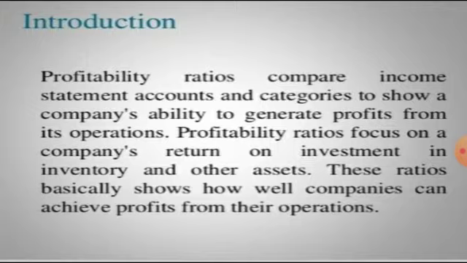Profitability ratios compare income statement accounts and categories to show a company's ability to generate profit from its operations. This ratio focuses on a company's return on investment in inventory and other assets. These ratios basically show how well companies can achieve profits from their operations.